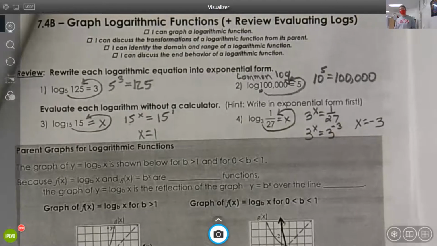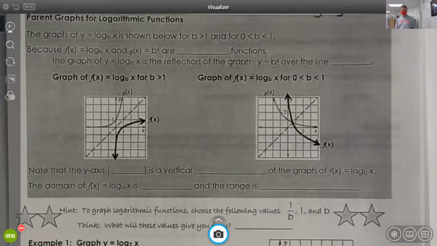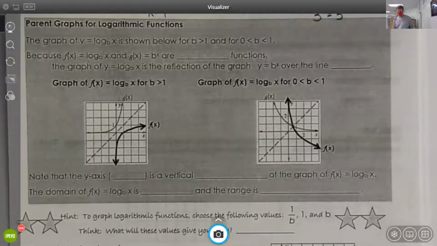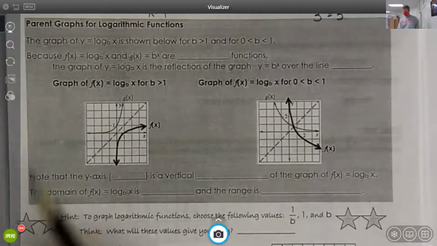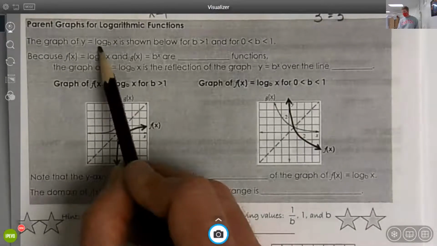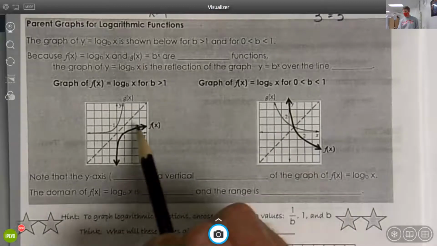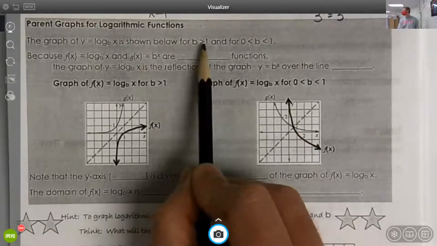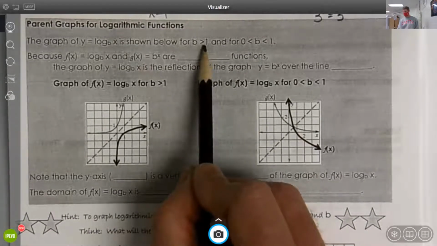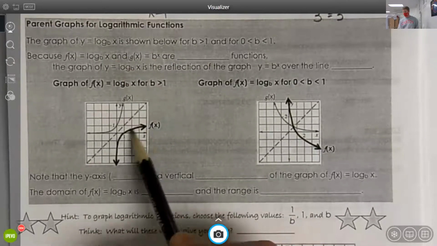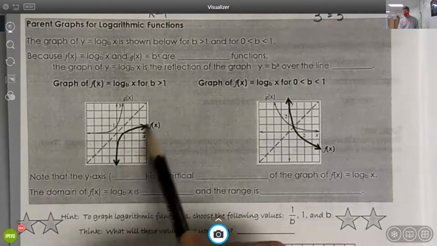Okay, we're going to look at graphing logarithmic equations. The graph of a log is shown in 2 different situations where b is greater than 1. When the base is greater than 1, the logarithmic graph will be dropping down.